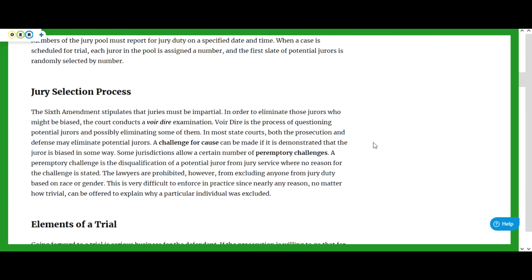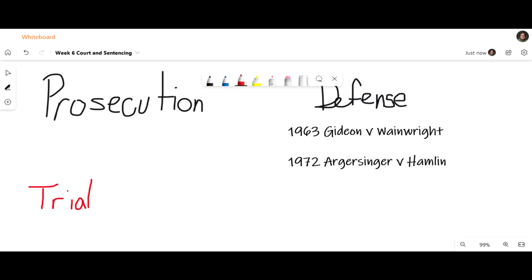All right. So there is the peremptory challenge. And this is essentially giving each side a certain number of overrulings and disqualifications for potential jurors, where you don't need a reason to deny them.